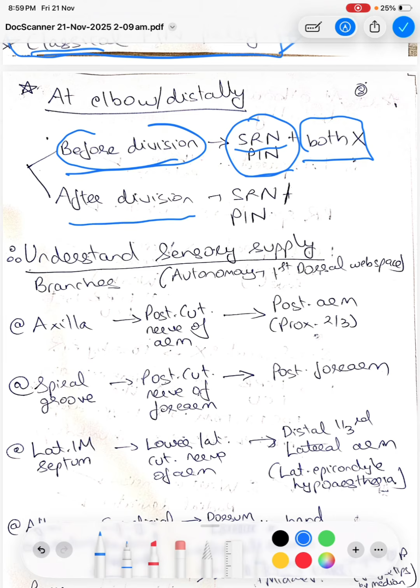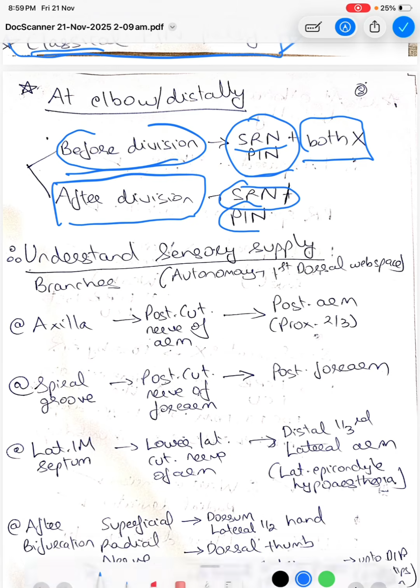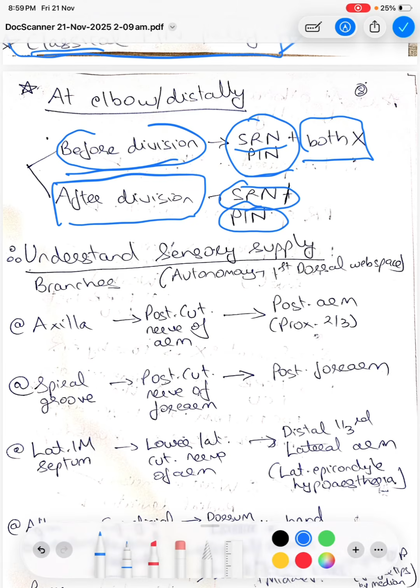However, if the lesion is after the division, then if the SRN is gone, we find sensory loss. If the PIN is gone, we find motor loss.